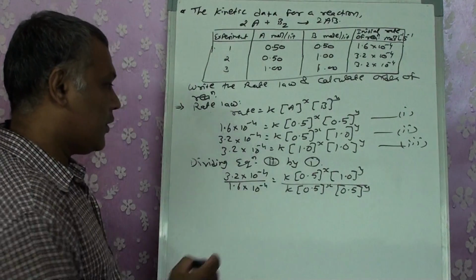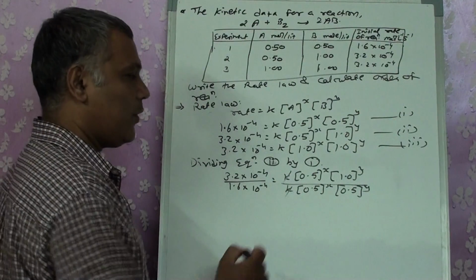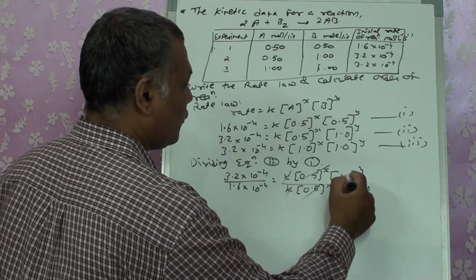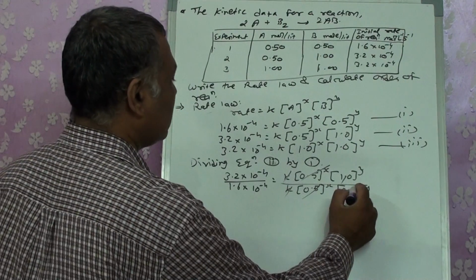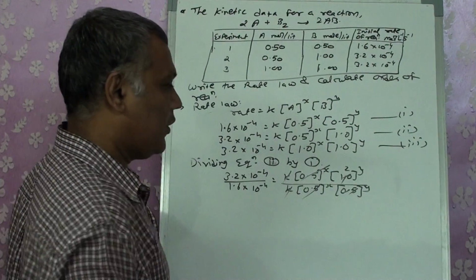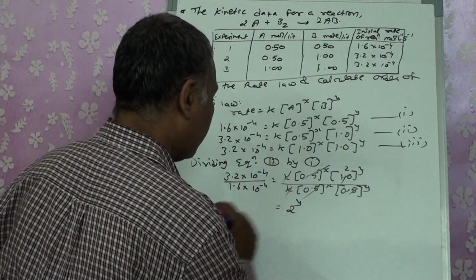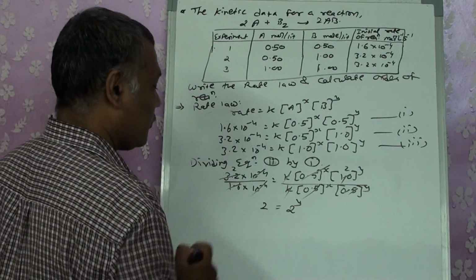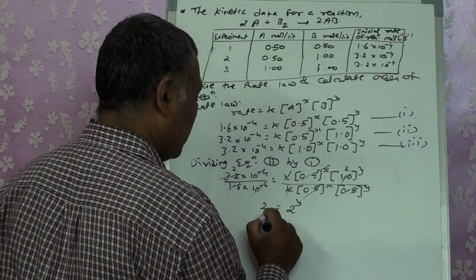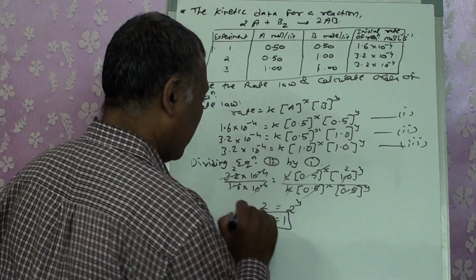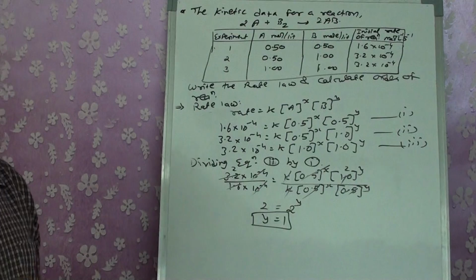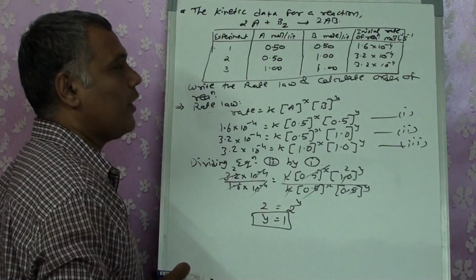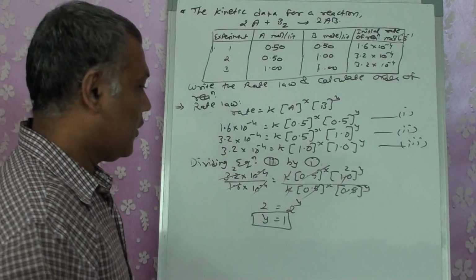Now k can be cancelled out, this term is cancelled out, the decimal is removed, so we get 2 raised to y. So y equals 1. So with respect to y, that means with respect to B, the order of reaction is first order, right?